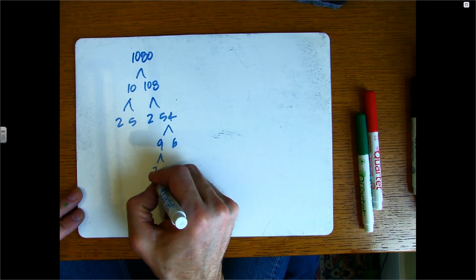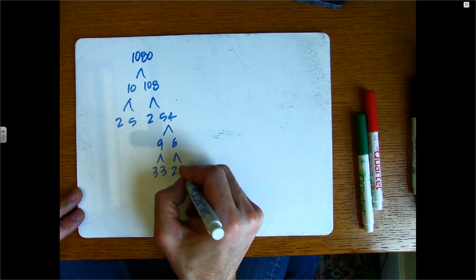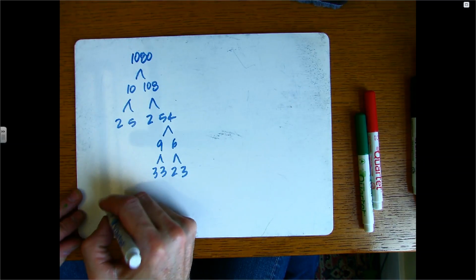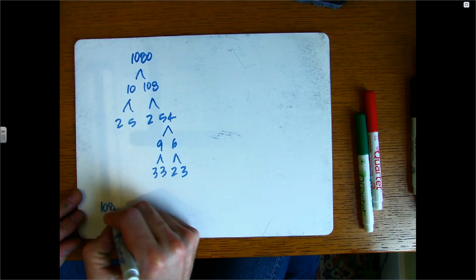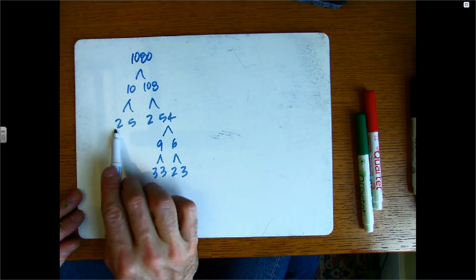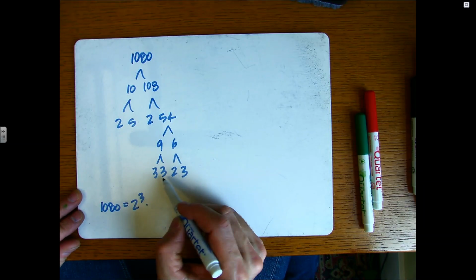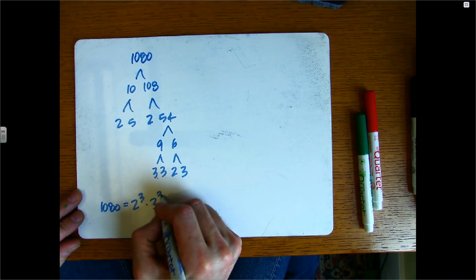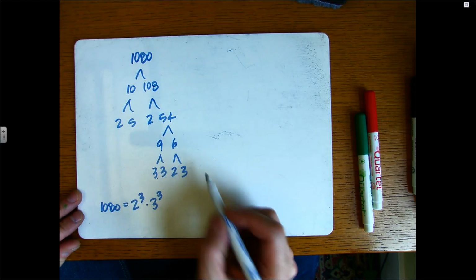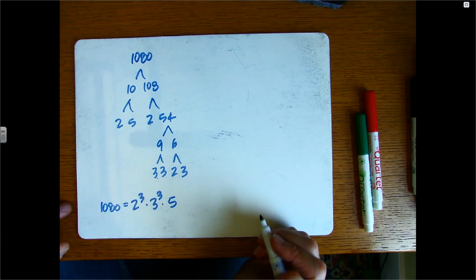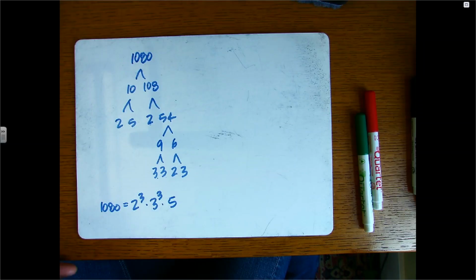That's a 3 and a 3 and a 2 and a 3. So 1080 is equal to how many 2's? 1, 2, 3. How many 3's? 1, 2, 3. And how many 5's? 1 of them. So it's 2 to the third times 3 to the third times 5.